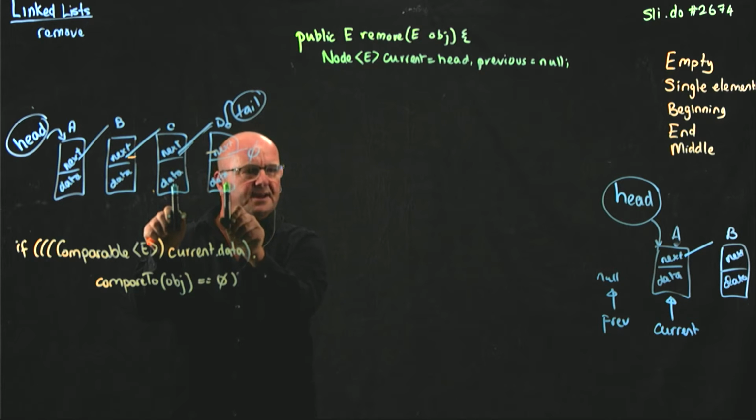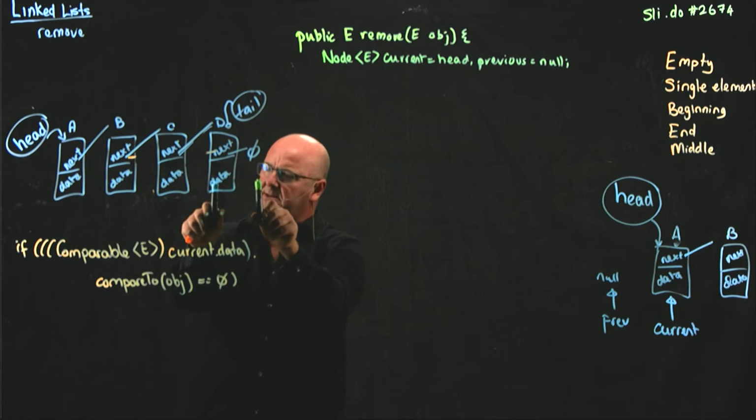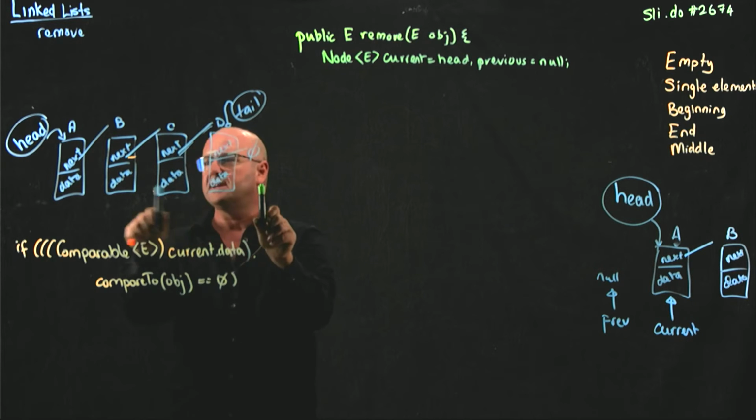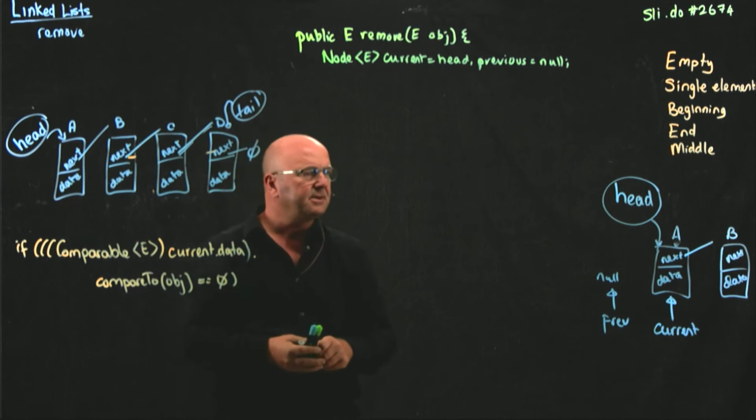If we stop there, then we don't check to see maybe this is the thing that we want to remove. Maybe the last node is the thing we want to remove. So we need to keep going until current becomes null. When current is null, we've looked at everything in the list and we haven't found what we're looking for. Okay?